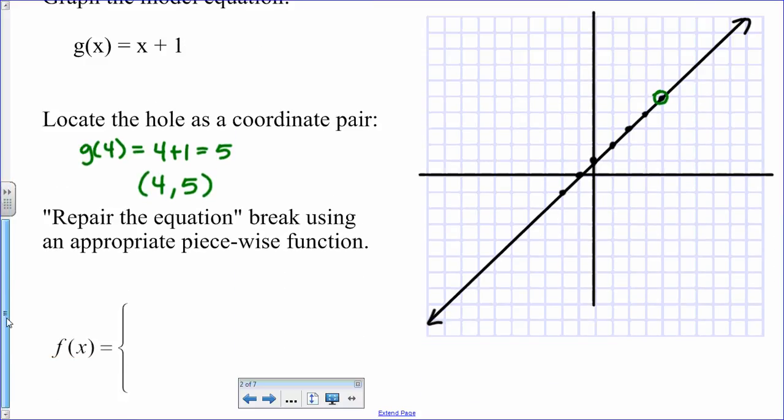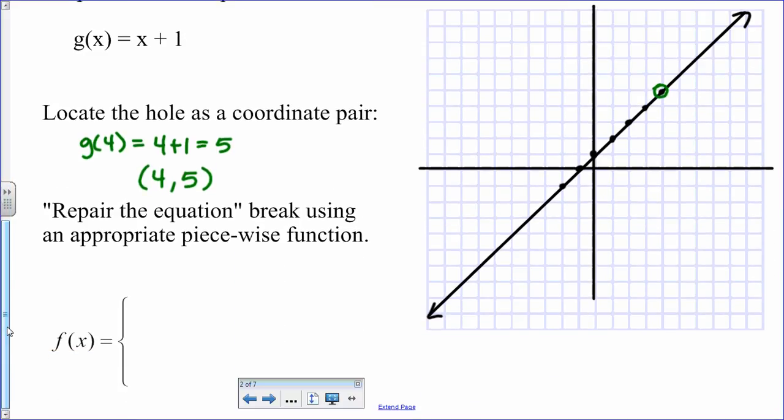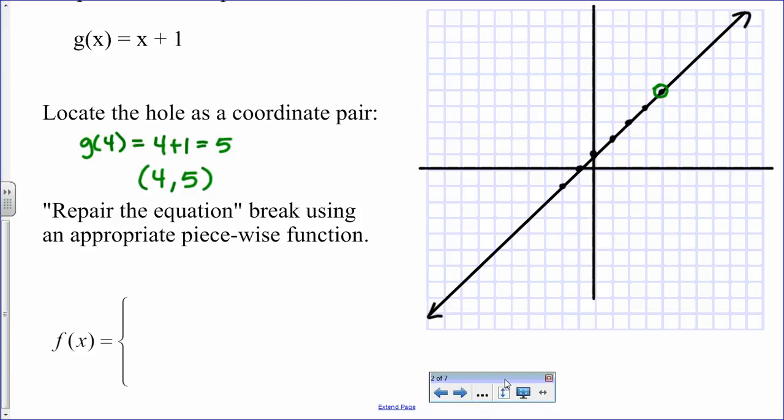Okay, then it's saying we could repair this equation by filling in that hole. So making a piecewise function. So we take our original, which simplified down to x plus 1, but I know that for that one, x can't equal 4. So then I fill in the ordered pair that I need to fill that hole, and that's 4, 5. So remember, f of x is y.